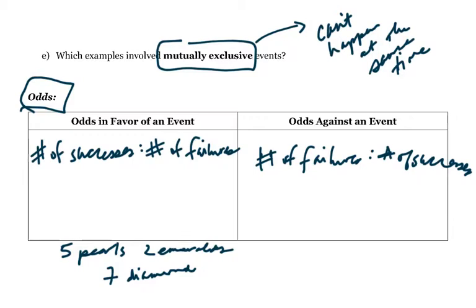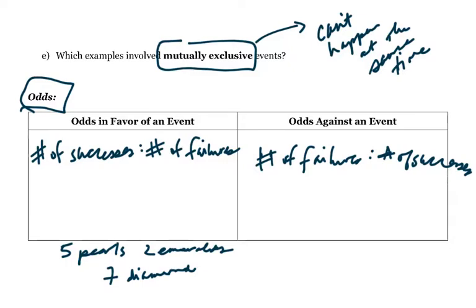Anyway, let's say I was looking at the odds of me getting a pearl. So if I were to go into that jewelry box, eyes closed, and pick something, and let's say they were all perfectly round, spherical items, and they all felt the same, and I picked one at random. My odds would be the number of successes to the number of failures.